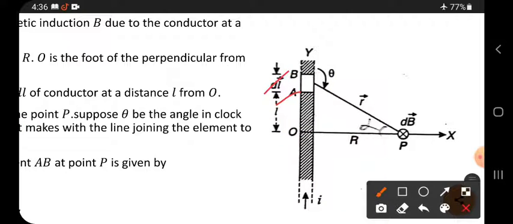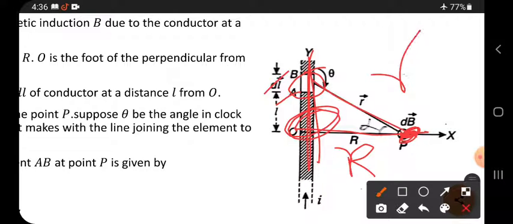Suppose, because of this conductor, the magnetic field produced here is what we have to calculate by using Biot-Savart law. The point P is at a distance R from the middle point, and the considered element is at a distance small r from P. Let the angle be alpha.